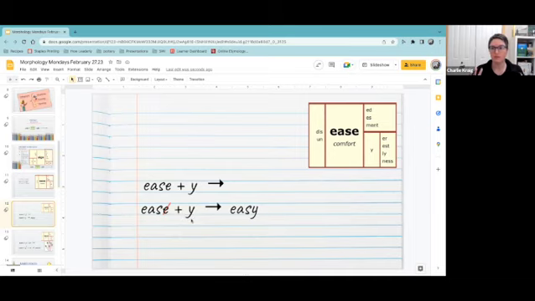The reason we're doing that is because in the base word ease, the e is there as a marker. How you figure this out is a huge process. Not always, but in order for something to be a marker, it can't produce a sound in any of the words in the morphological family. So as soon as it becomes pronounced or used somewhere in the family, then it's not a marker.